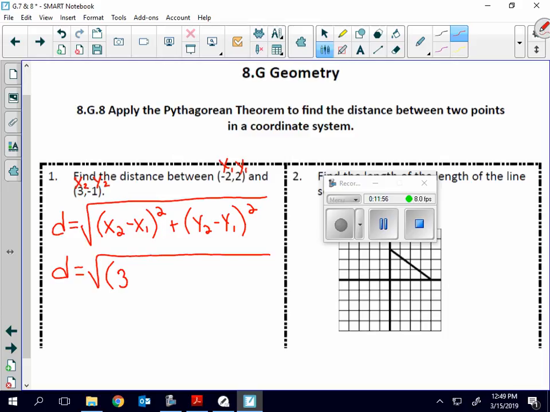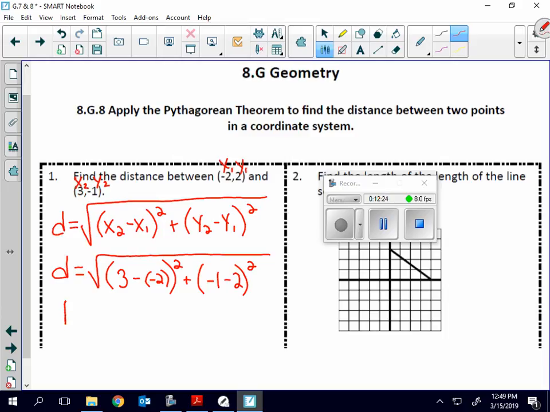And we have a minus sign that comes from our formula. And x1 is also negative, so now I have 2 negative signs. I'm going to put it in parentheses. All right, and then that gets squared. So that is x2 minus x1 squared. And then I have y2, which is -1. Minus from the formula, y2 minus y1, which is 2 squared.